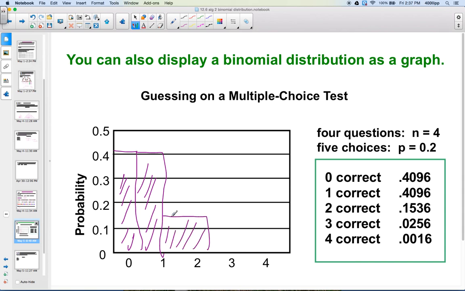Sorry, this is misleading now because this is wider. Whoops. 3 correct is about 0.0256, right here, not looking good. And 4 correct is almost at 0. I'm just going to draw a little line there. There we go. That's 4 correct. And that is making a binomial distribution graph.